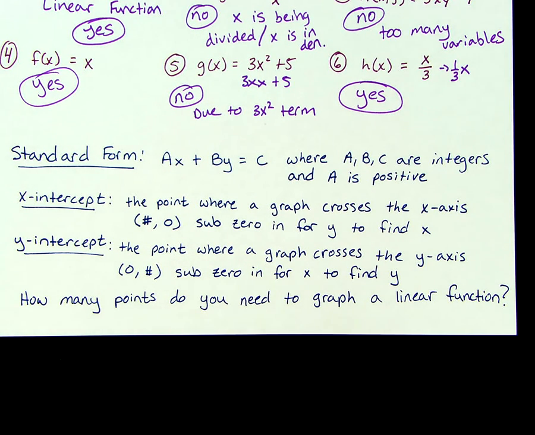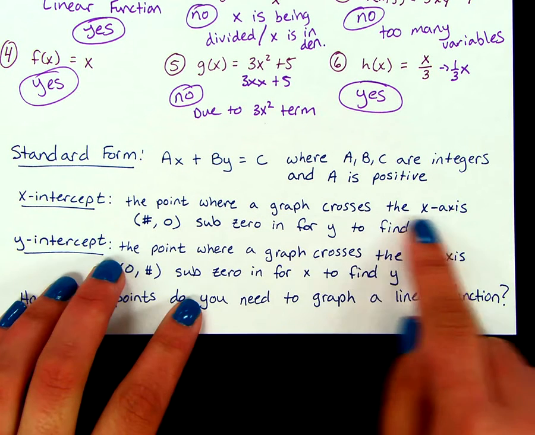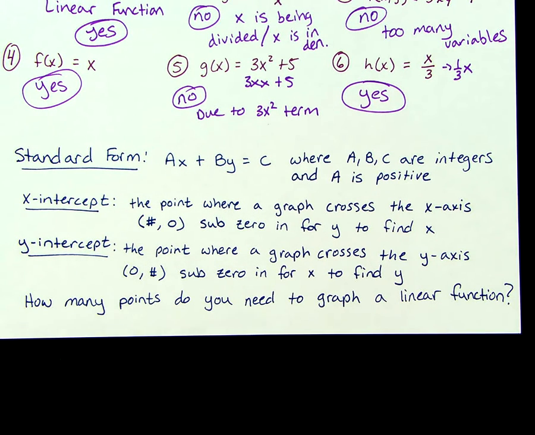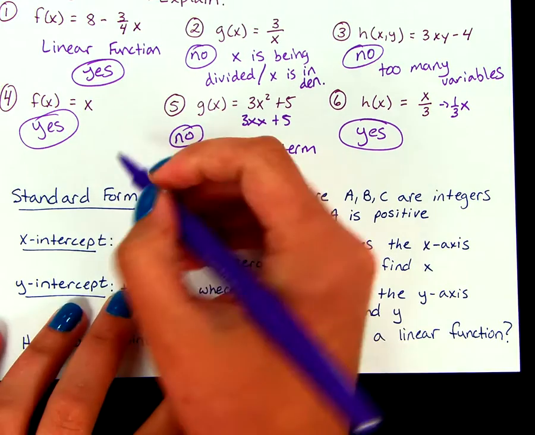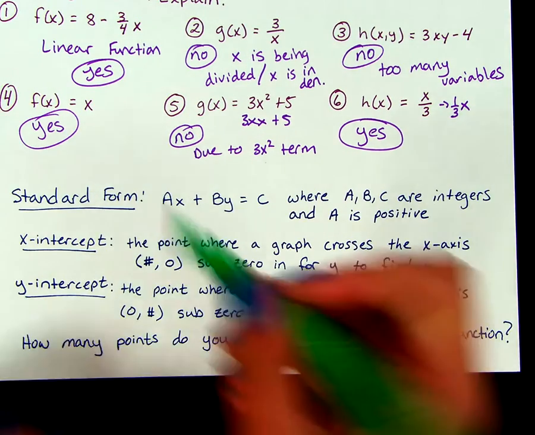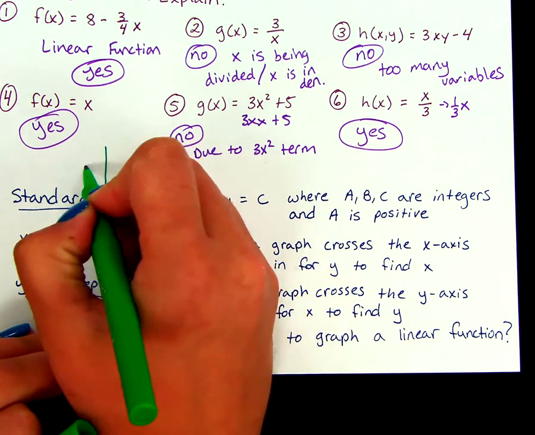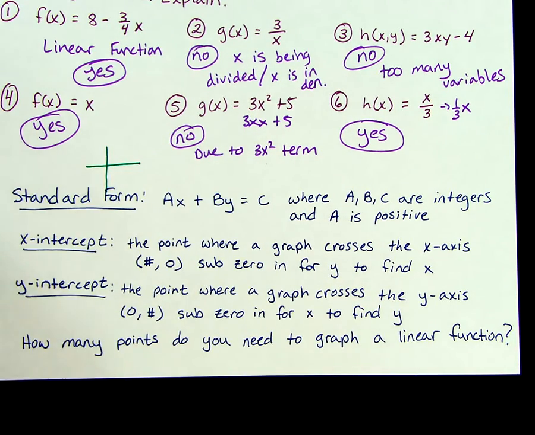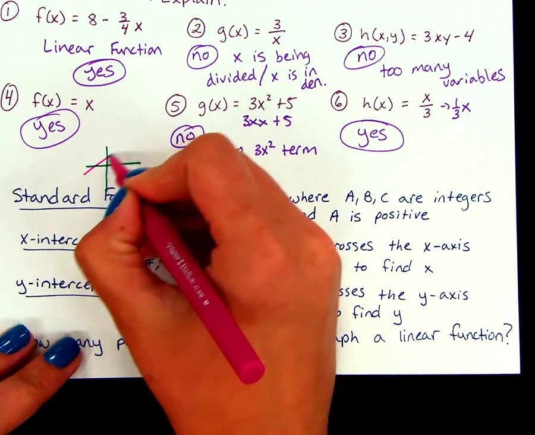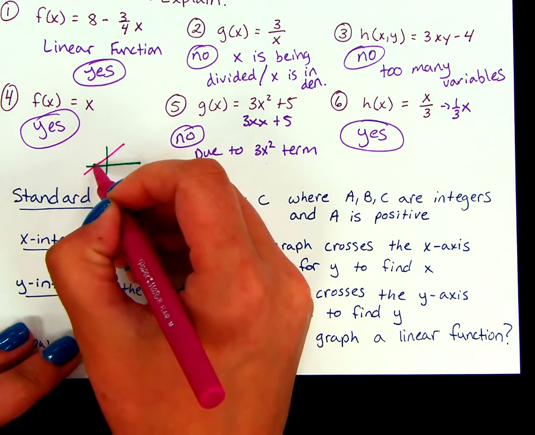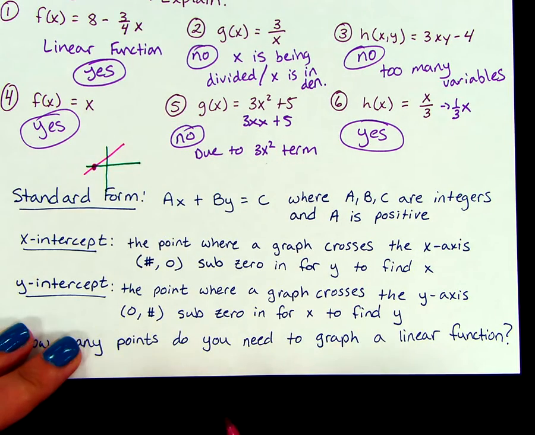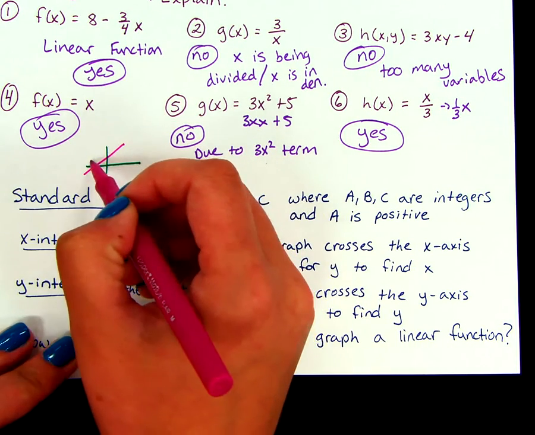Now, an x-intercept is the point where a graph crosses our x-axis. Okay, so it's the point that's crossing the x-axis. So let's say we have a graph. Here's a linear graph. This part right here would be our x-intercept, because that's where it's crossing the x-axis.